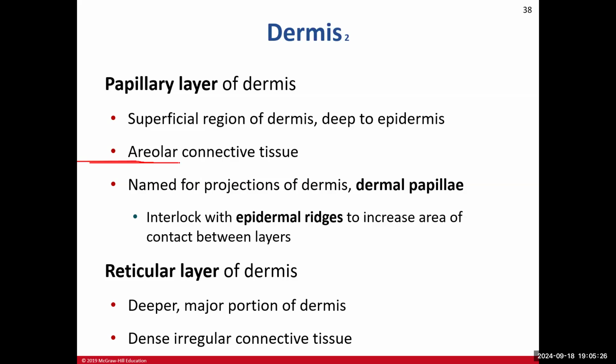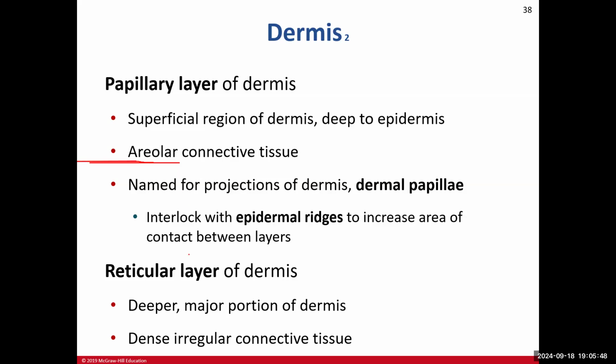Same thing here with our epithelial cells. We have to figure out a way to get them their nutrients and also get rid of their wastes. And we're going to use that process of diffusion. But we've got to get our blood vessels as close to those cells as possible, and the papillary layer allows us to do that.